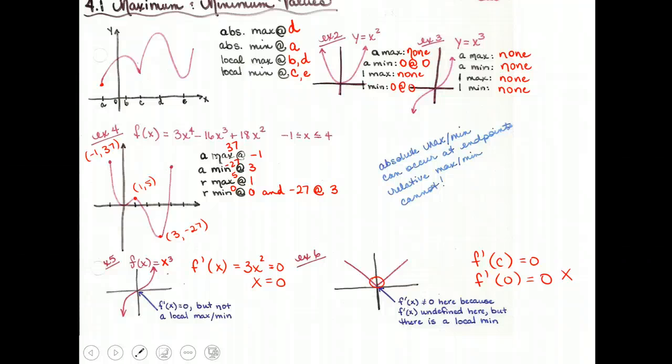So that leads us to critical numbers. Critical numbers will give us a way of locating all of the possible relative maximums and minimums. We're going to combine the two ideas we were just talking about. We're going to figure out where our derivative is equal to 0, because that's like the idea of the horizontal tangent lines.